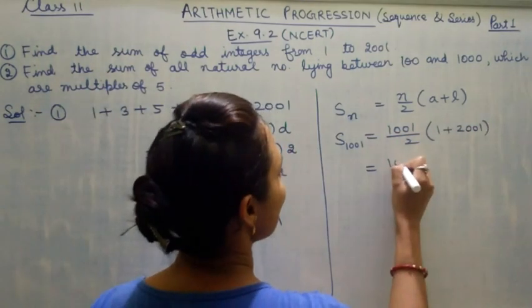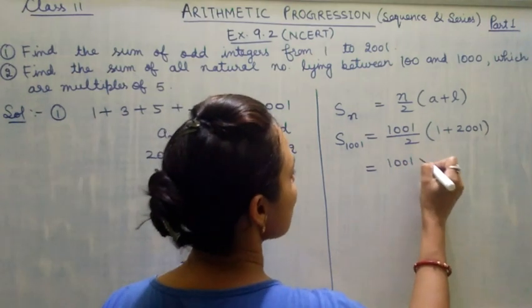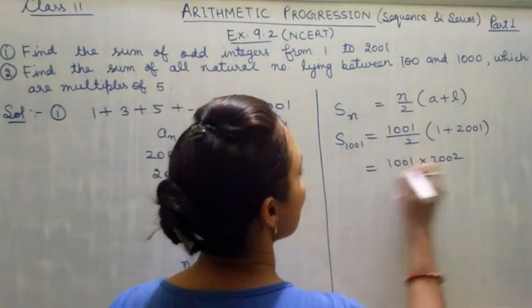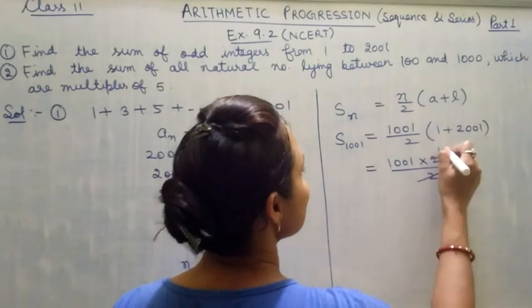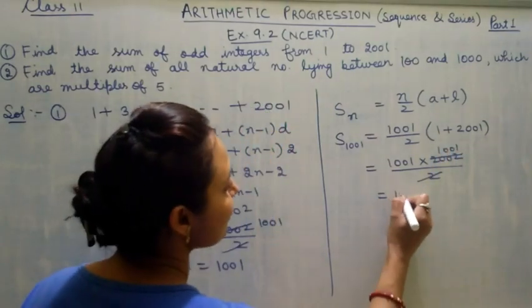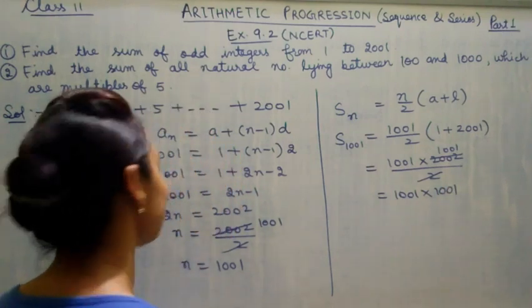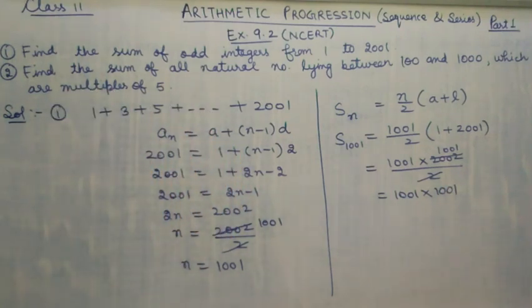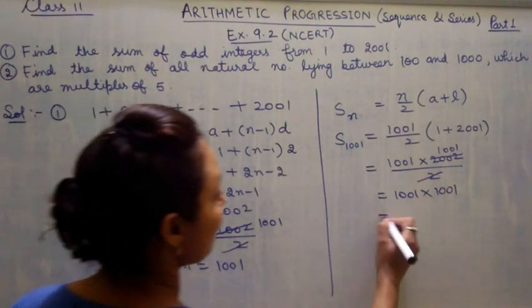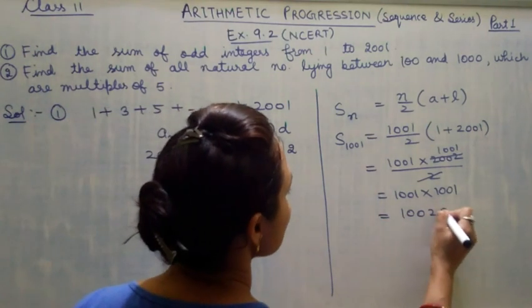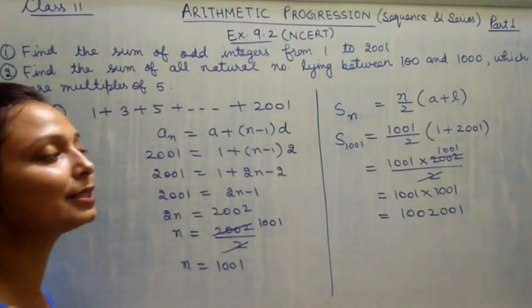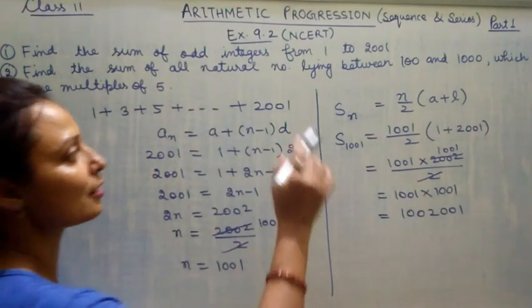So this will equal 1001 into 2002 upon 2. After cancellation we will have 1001 into 1001. So I will multiply these two and I will get the answer after multiplying. So this is the way to solve question number 1.